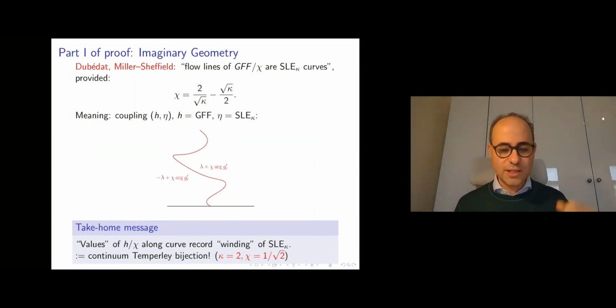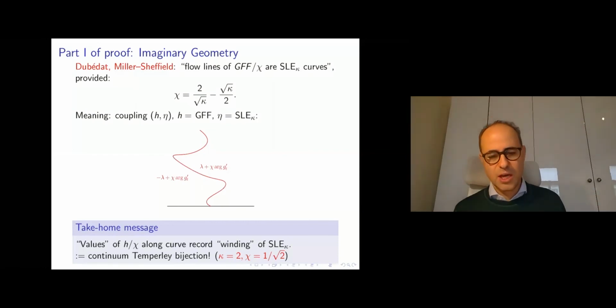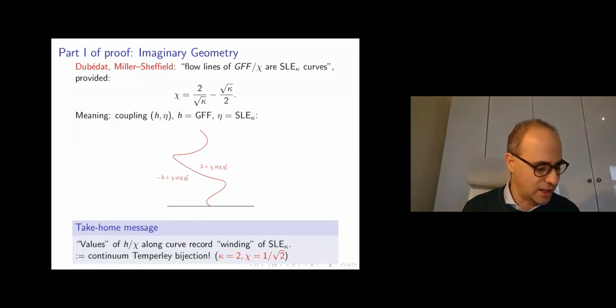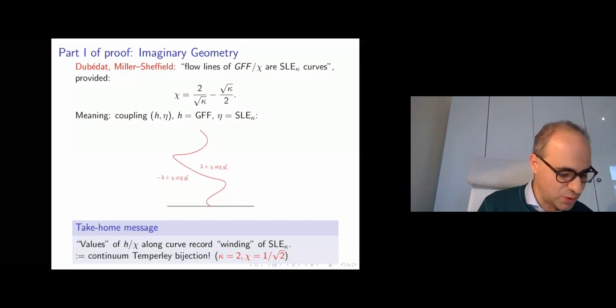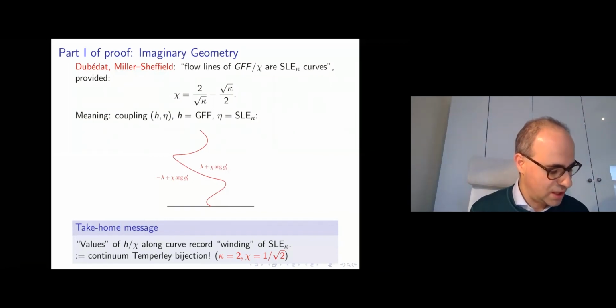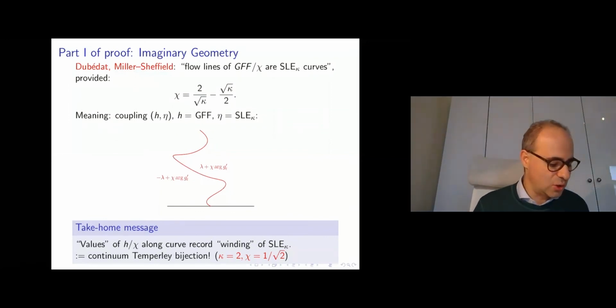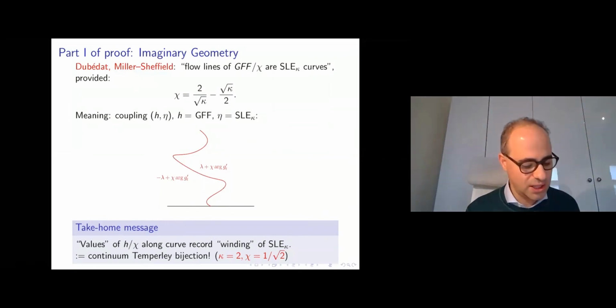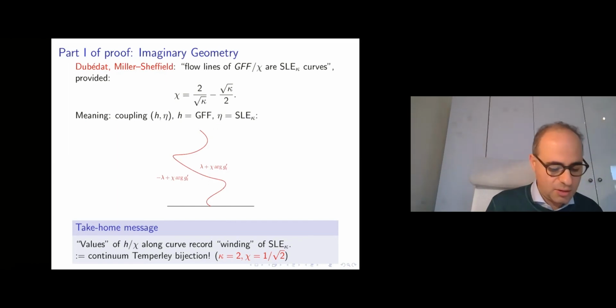This is where it's useful to have this connection with imaginary geometry. This is quite a technical subject, so if I want to have time to say more, I cannot go into full details. But the slogan of imaginary geometry is that it gives us a coupling between the Gaussian free field and SLE curves.